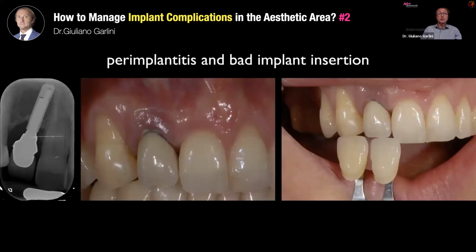But in the anterior area, the worst situation is when you have peri-implantitis and a wrong implant insertion, bad implant insertion.